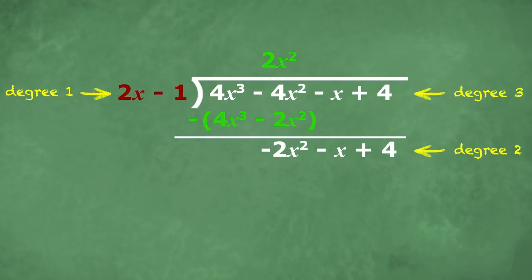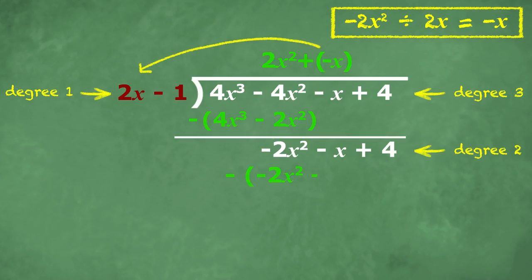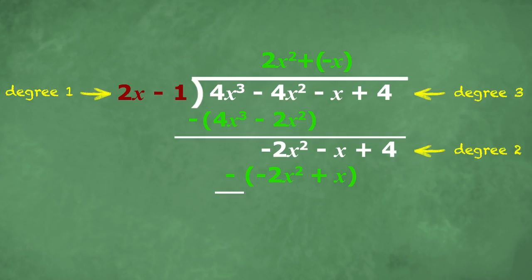What is the answer if negative 2x squared is divided by 2x? Yes, the answer is negative x. We multiply negative x with the divisor to get negative 2x squared plus x. We subtract it from its dividend to get negative 2x plus 4, a degree 1 polynomial.